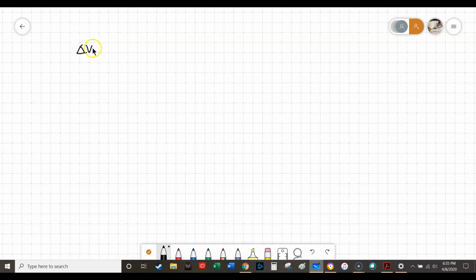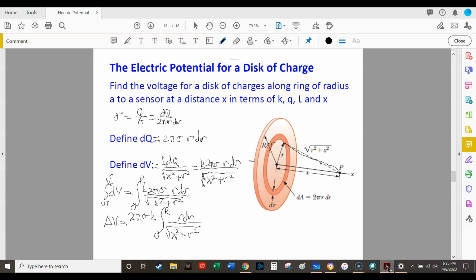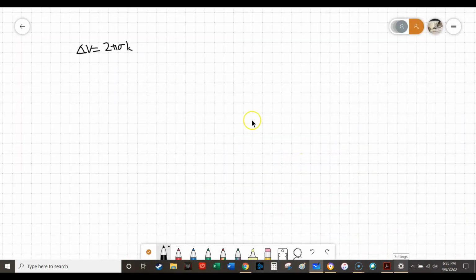So delta V is going to be equal to, and I already kind of lost what I'm writing, 2 pi sigma times k, from 0 to R, and this is going to be small r dr over the square root of x squared plus r squared.